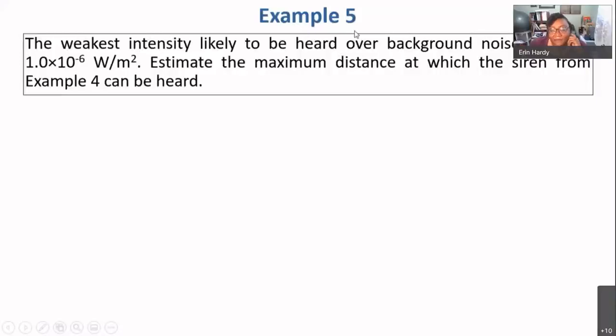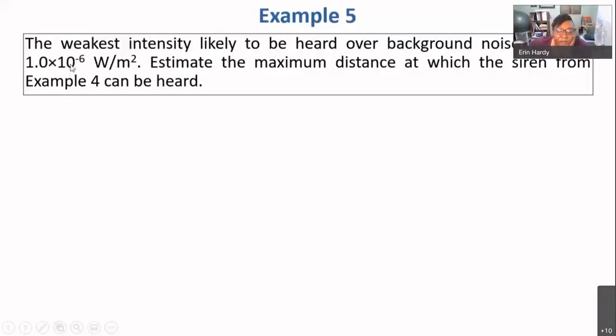And then question 5 introduces the weakest intensity that you are likely to be able to pick out over background noise. This is different than the minimum threshold of hearing. It's related to not just your ear being able to confirm that a sound is present, but being able to separate that sound out with respect to background noise.